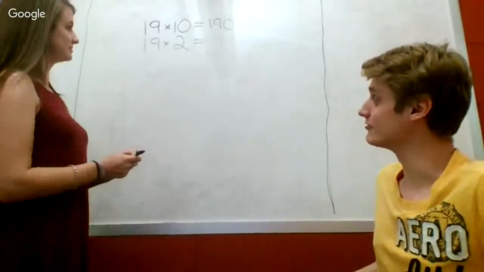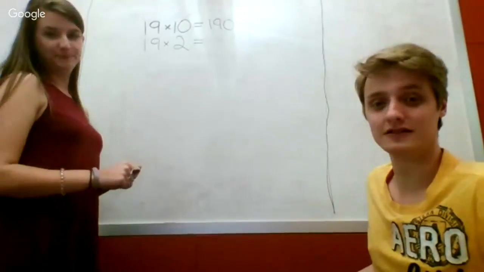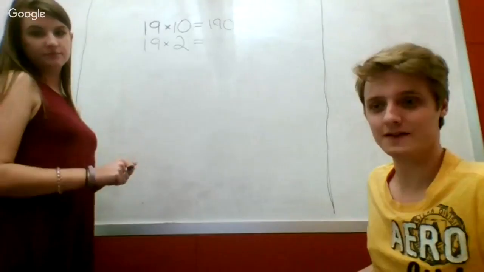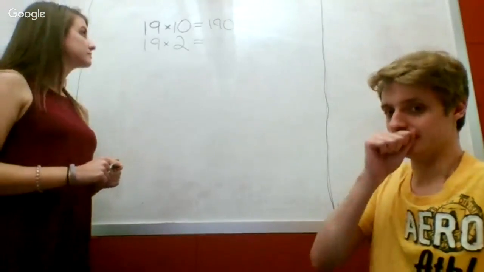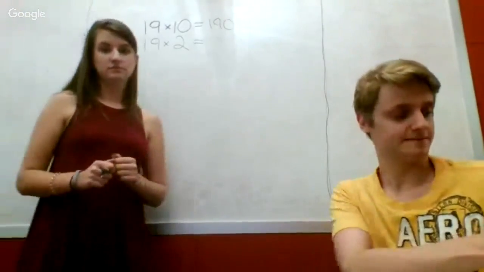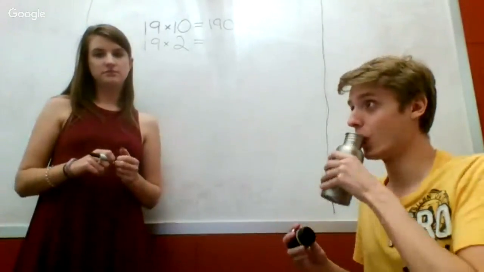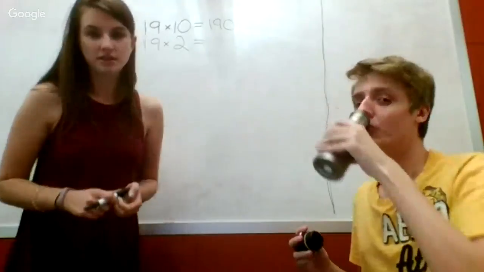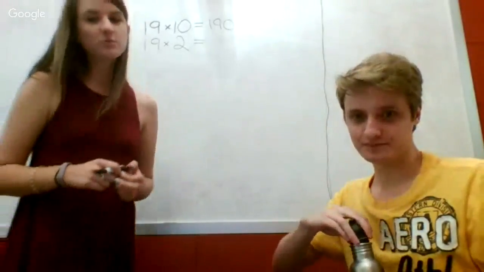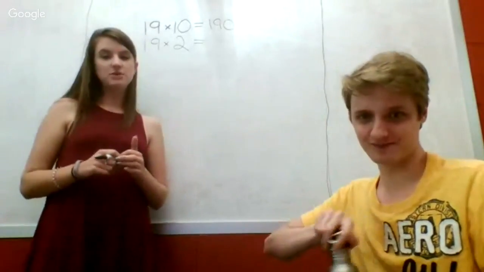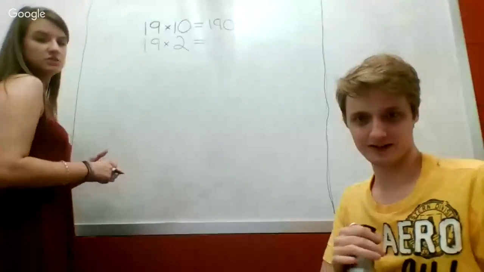That's how I think most students would probably solve it. Oh, we got 2 thumbs up from James. He's ready to move along. Anyone else ready to move along with the 19 times 2?